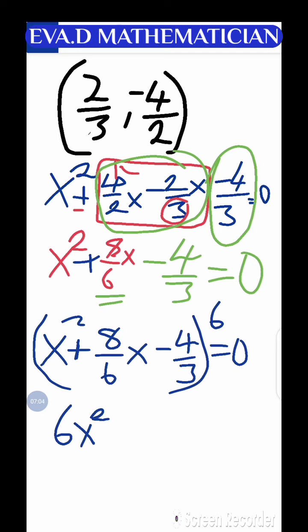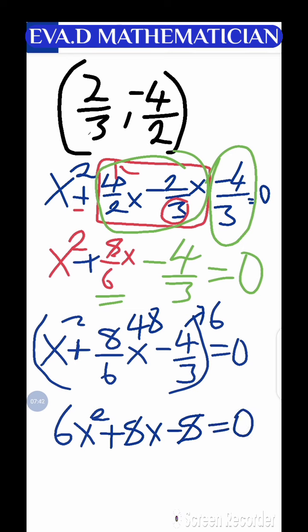It gives me 8. So I'll have plus 8x, and I multiply 4 times 6, which will give me 24, right? 24 divided by 3 will give me minus 8. This equals to 0.